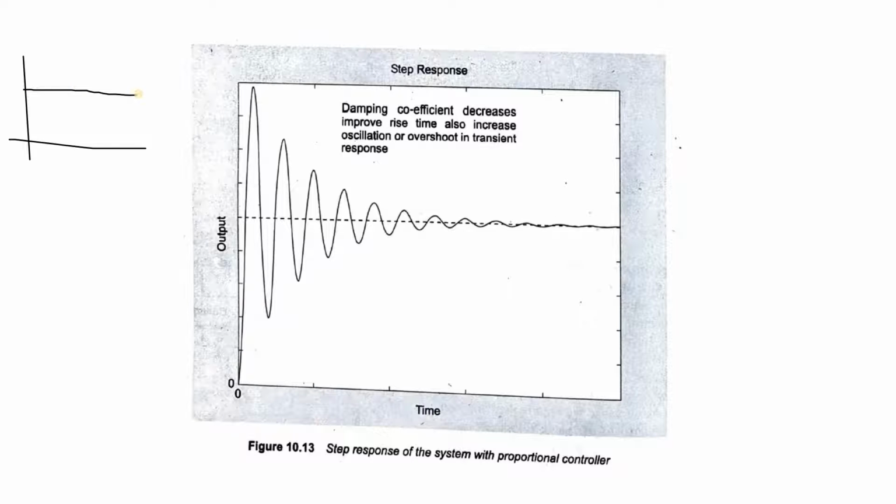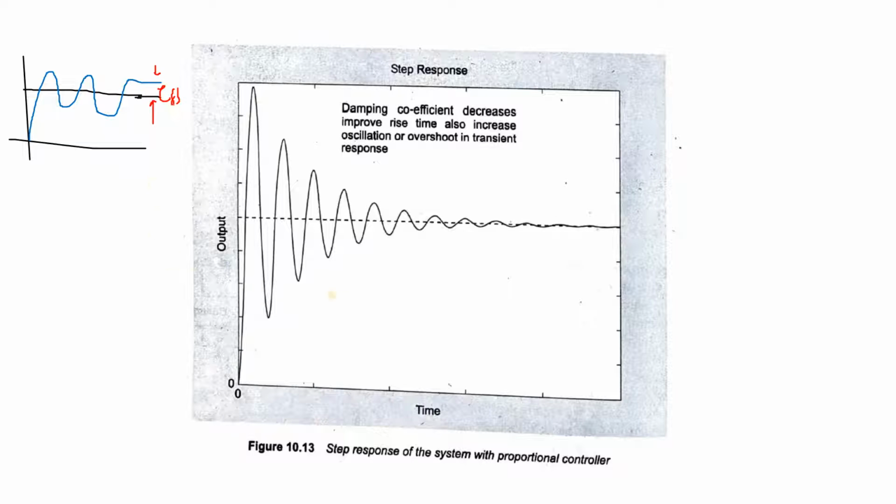Suppose this was the input, and the output was like this, for a second order system like this. There was an error, a gap. This gap is called the steady state error.